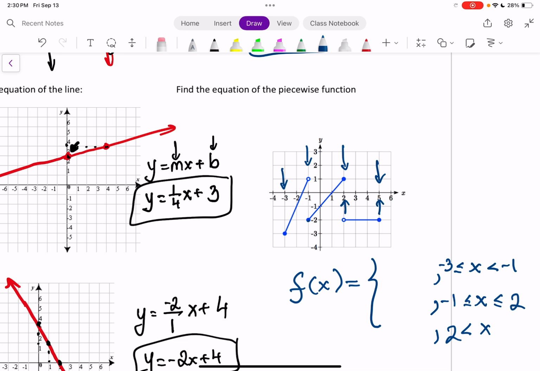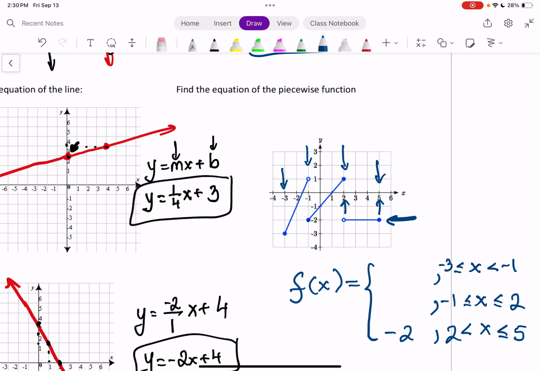And 5, which is included. So now let's try and read the definitions of these lines. It's all about reading lines. Now the easiest one is the last one. This one here is a horizontal line, y equals -2. It's a horizontal function, right?